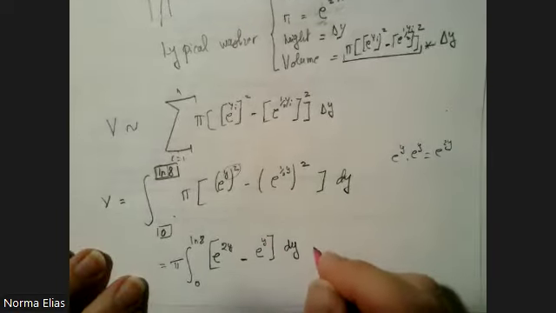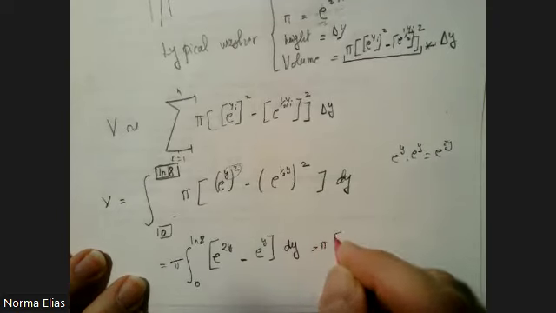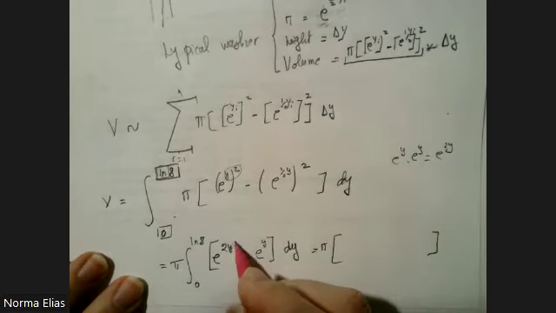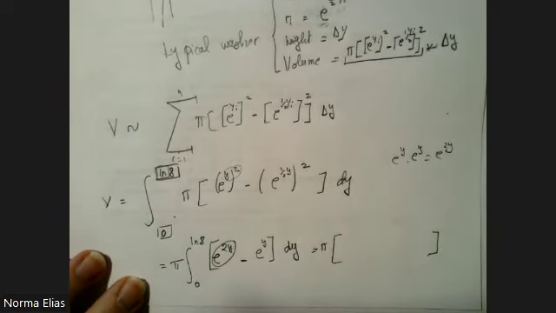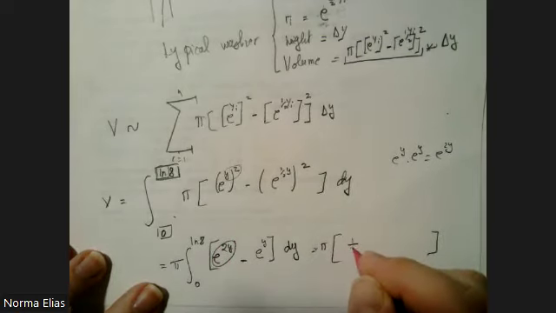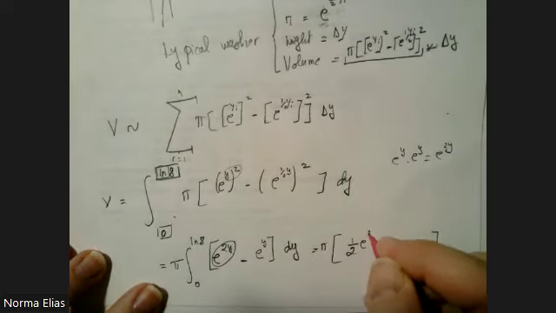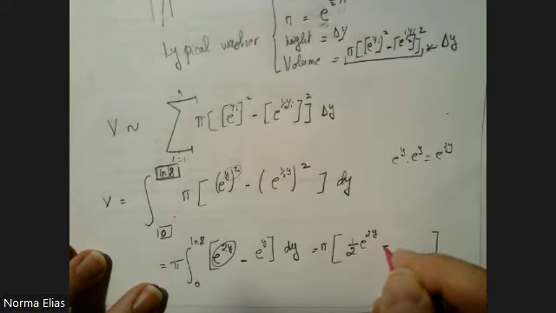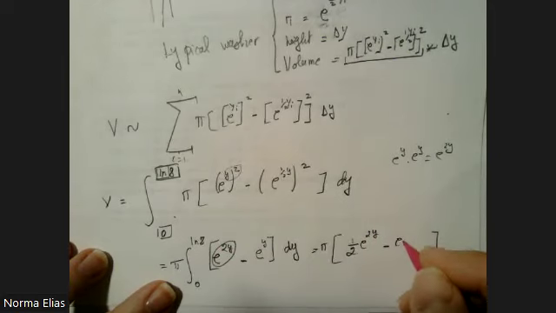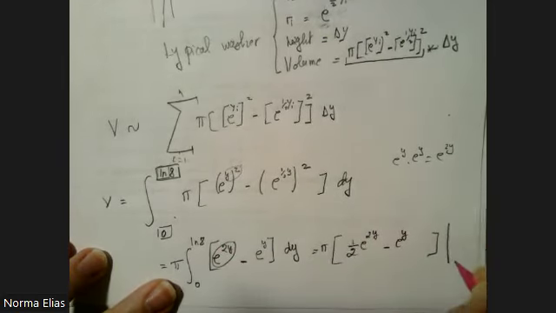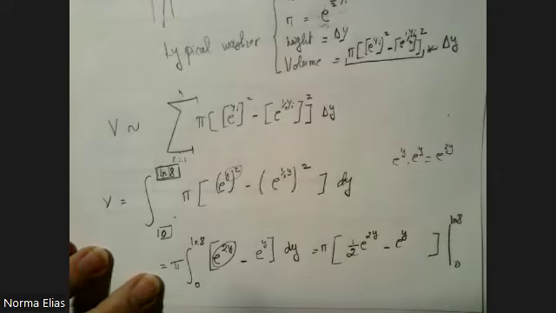So it's equal to pi times. Now by now, everybody knows how to integrate e to the 2y. We have to do a substitution, and if we do it, we get a half e to the 2y. I want you to memorize it very soon because of how often we use this expression. Minus e to the y, the whole thing evaluated between 0 and ln of 8.